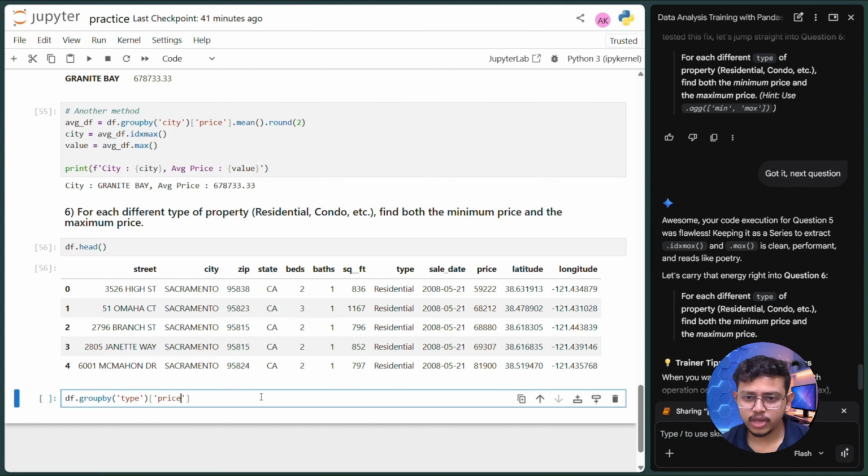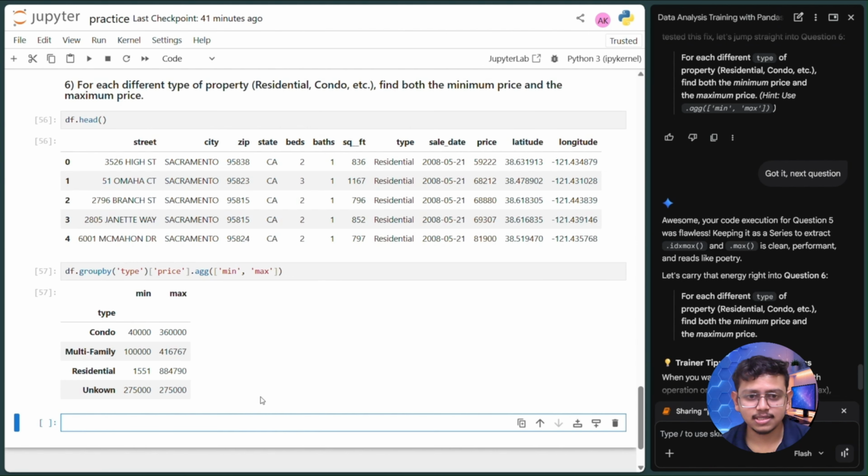After grouping, we will apply the aggregate functions. As I said before, aggregate functions give more information about the dataset. We require two aggregate functions here, min and max. We apply them and get our answer.